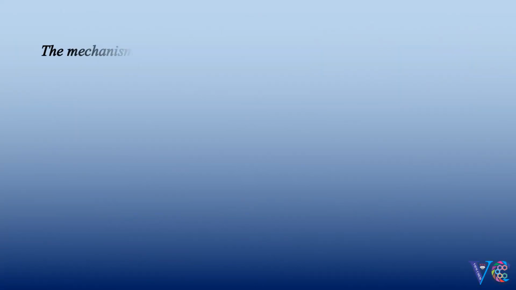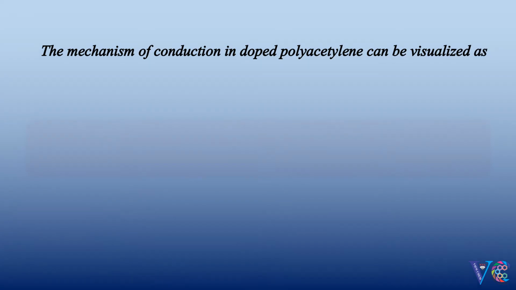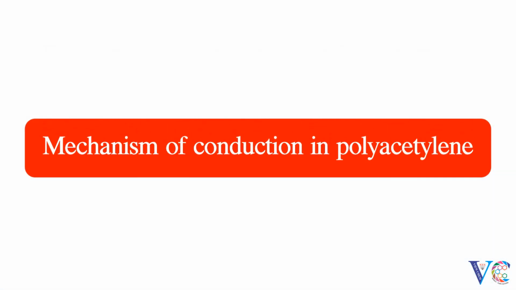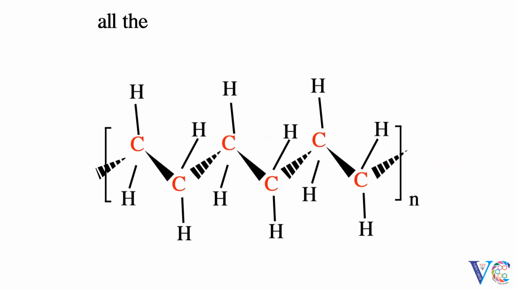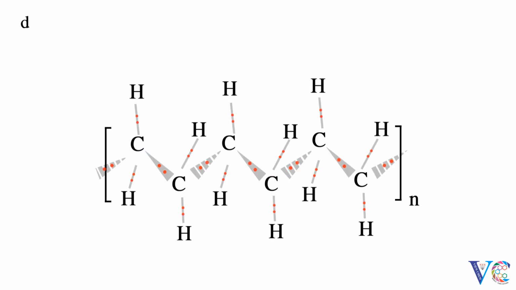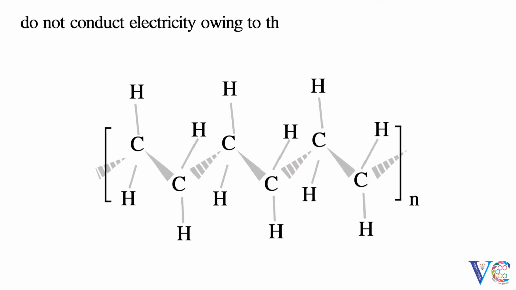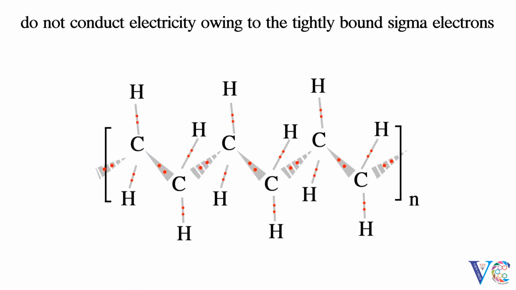The mechanism of conduction in doped polyacetylene can be visualized as follows. In the conventional organic polymers, all the carbon atoms are sp3 hybridized, and do not conduct electricity, owing to the tightly bound sigma electrons.